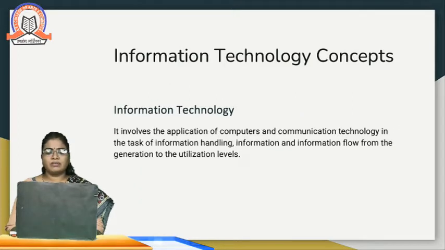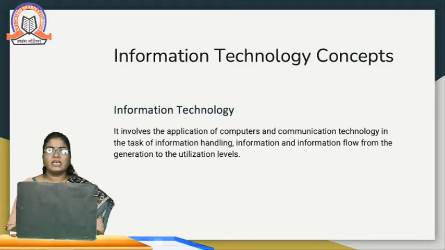What is information technology? Information technology involves the application of computer and communication technology in the task of information handling, information and information flow from the generation to the utilization levels.